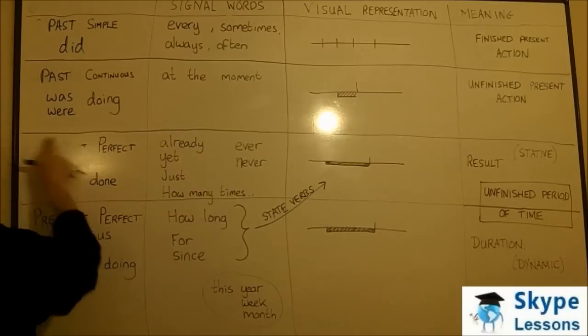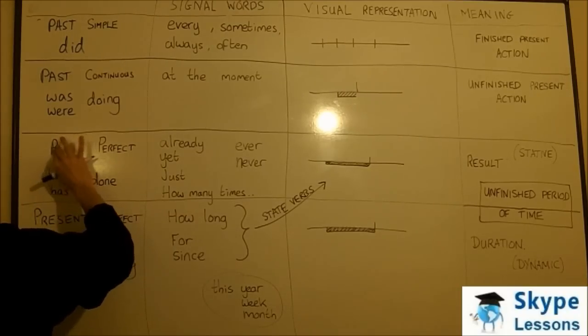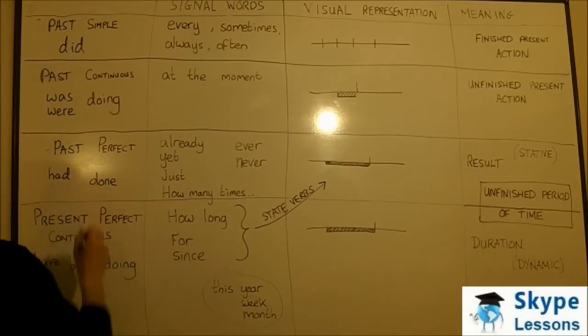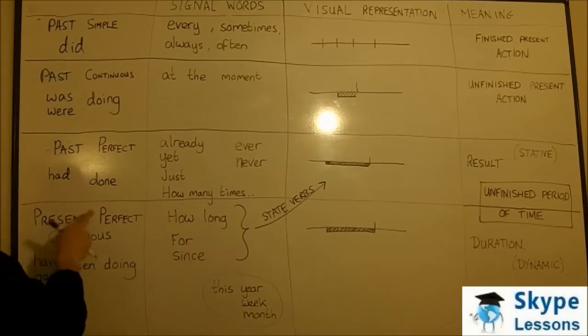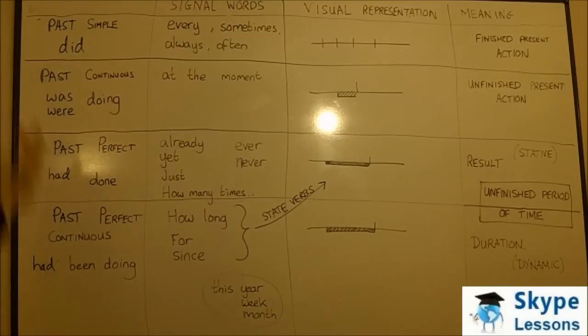Past perfect, which I hope you know is had done, or had gone, or had been, had and the third form, and past perfect continuous is had been doing. Okay, so that's how we make the past tenses.